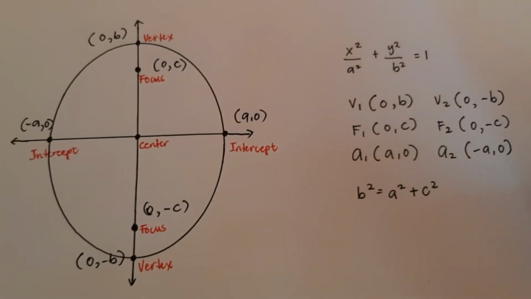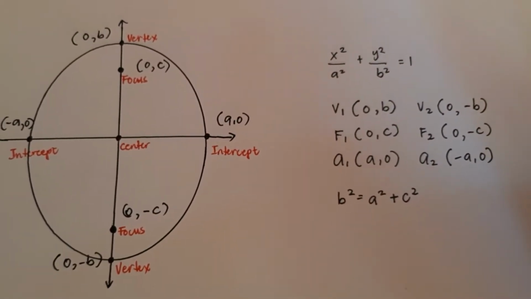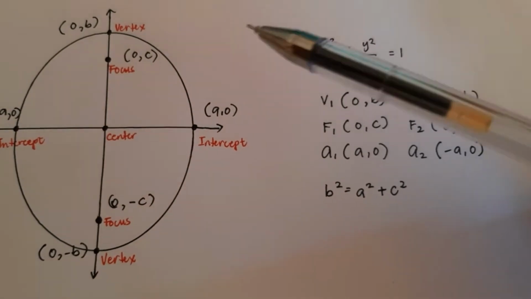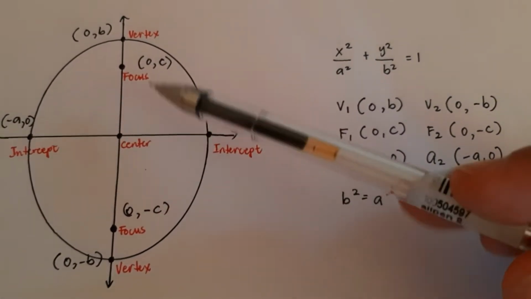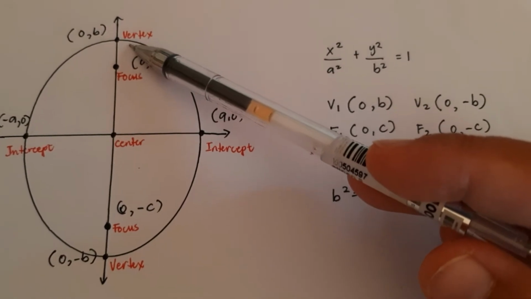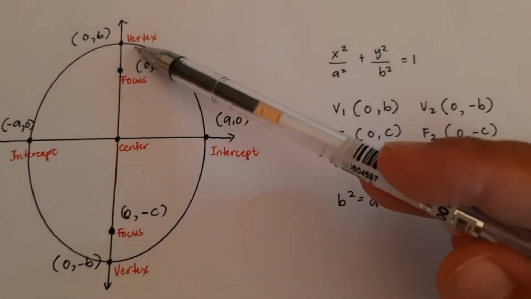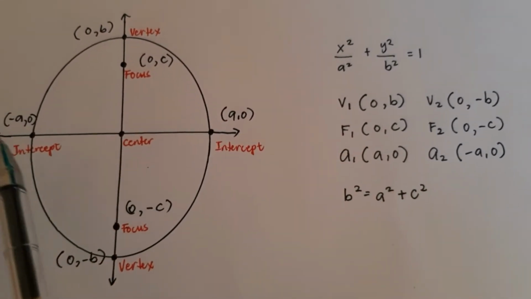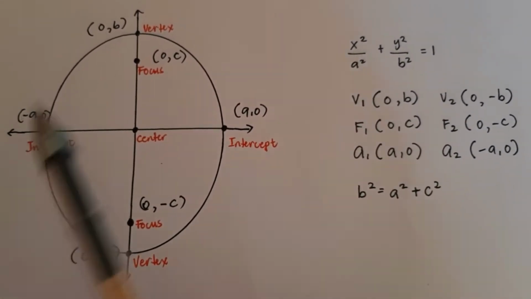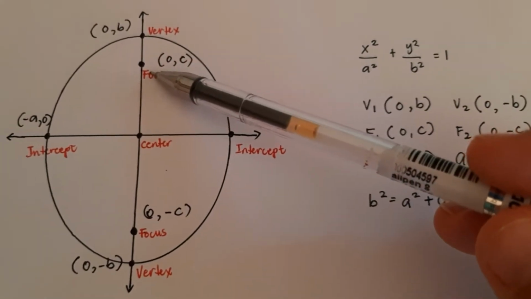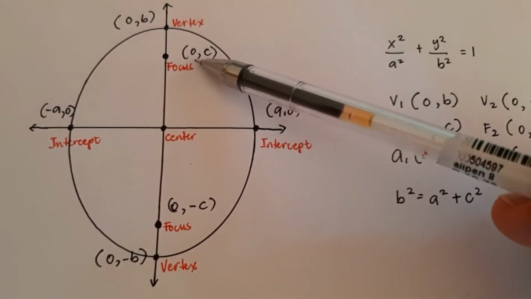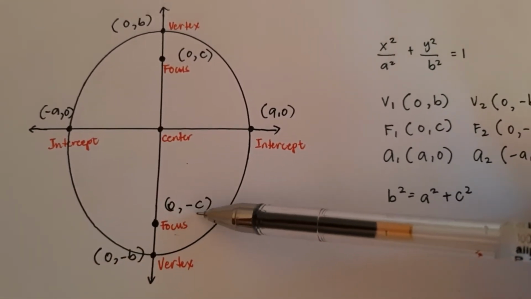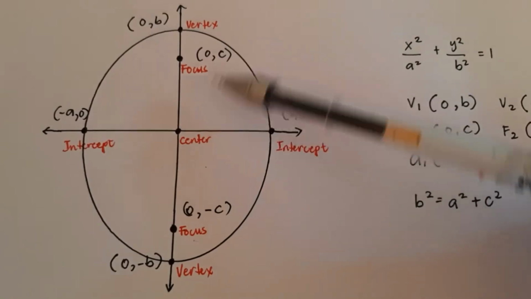Okay, let us proceed to the other ellipse, which is the center again is at the origin, but the principal axis is located at the y-axis. So the intercepts would be (a, 0) pa din, and (negative a, 0), and focus mo nandito na sa y-axis. So that would be (0, c) and (0, negative c), so that will be your foci.